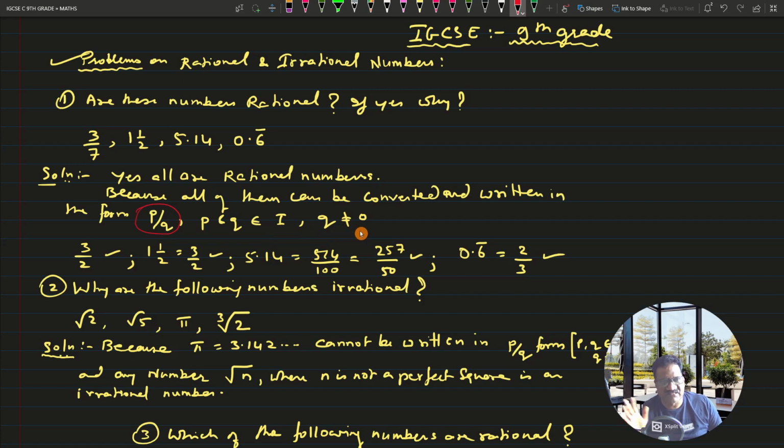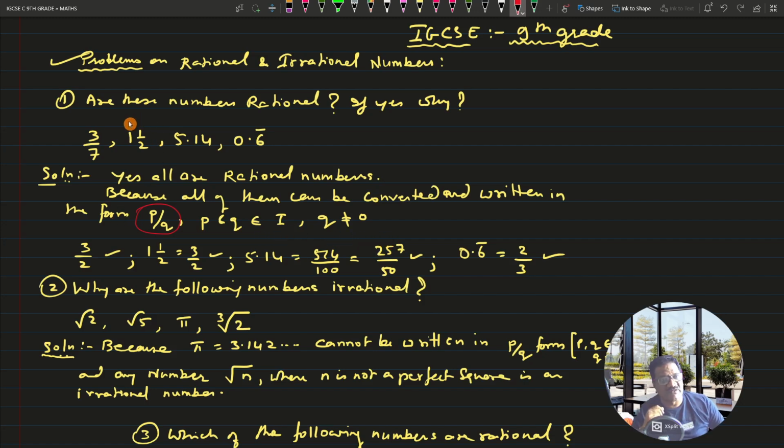In any case the q should not be equal to 0. So if you can write these numbers in this form p upon q satisfying this condition, then it is a rational number. Why? Because the rational number definition says that any rational number is that number which can be written in the form of p by q, where p and q belong to integers and q is not equal to 0.